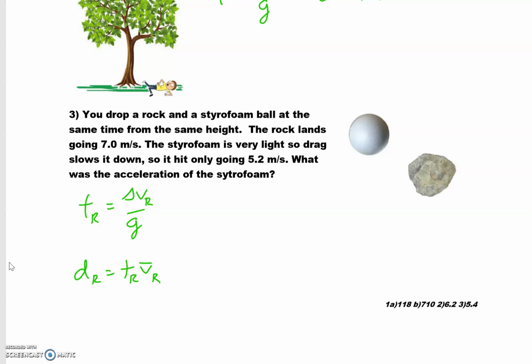Now, the rock and the styrofoam were dropped from the same height. So now that I found the distance for the rock, I also know the distance for the styrofoam is going to be the same distance. So with that, I can find the time for the styrofoam, which would be the distance for the styrofoam divided by the average speed of the styrofoam, which I have it hitting at 5.2, so I can use that for the average.